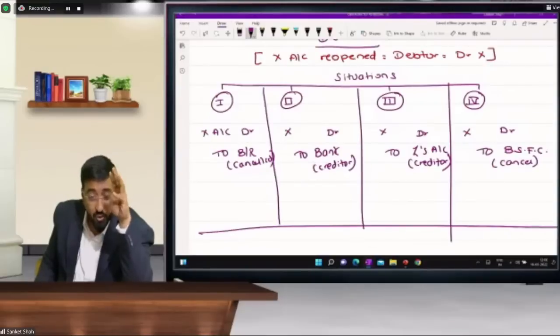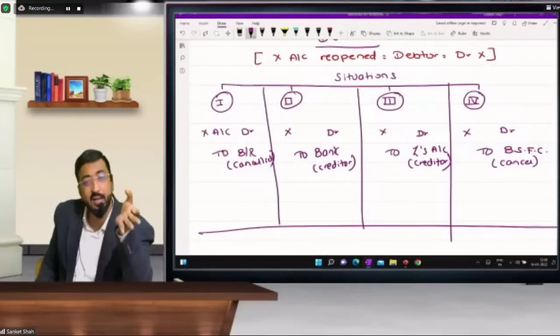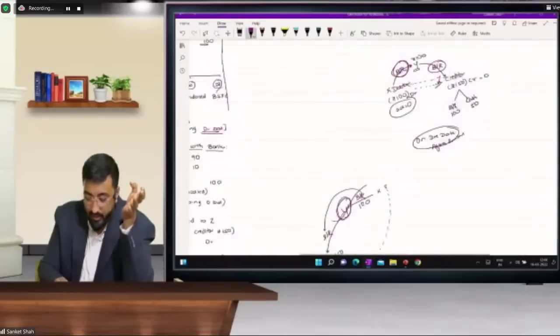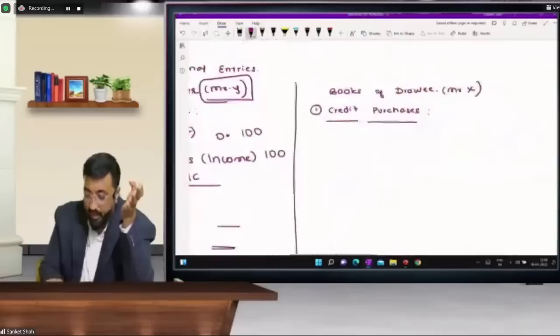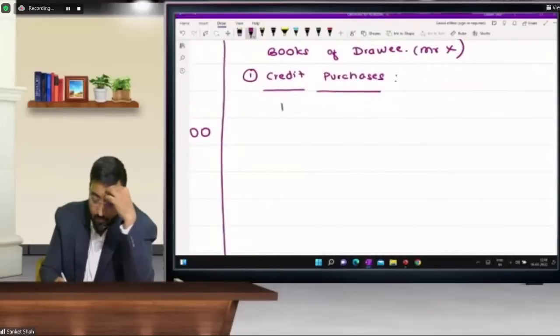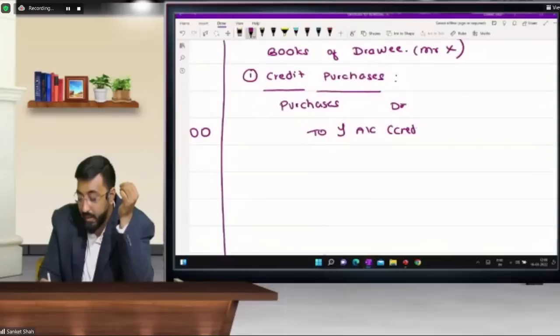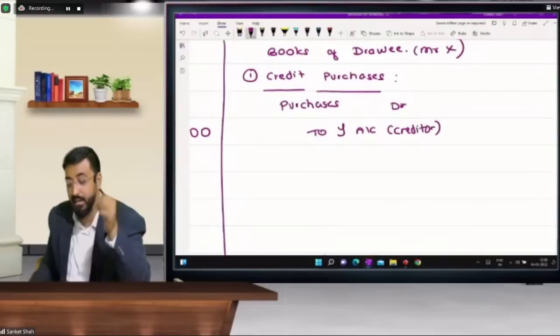If you understood drawer's entries, drawee entries are nothing. Drawee entries you can see here. So what are drawee entries? Yes, the drawee entries are for credit purchases. What is the entry? Purchases account is debited and Y is my creditor, because we are in the books of X now.